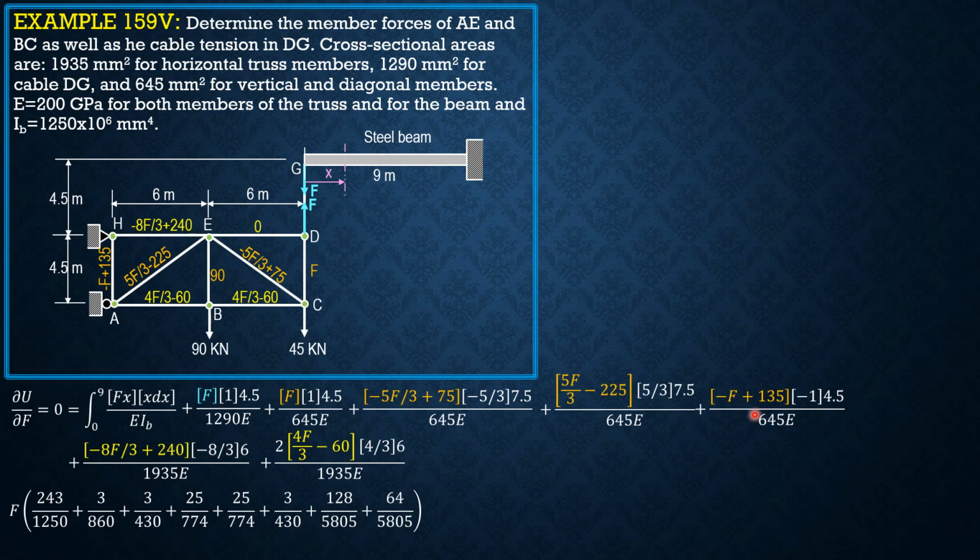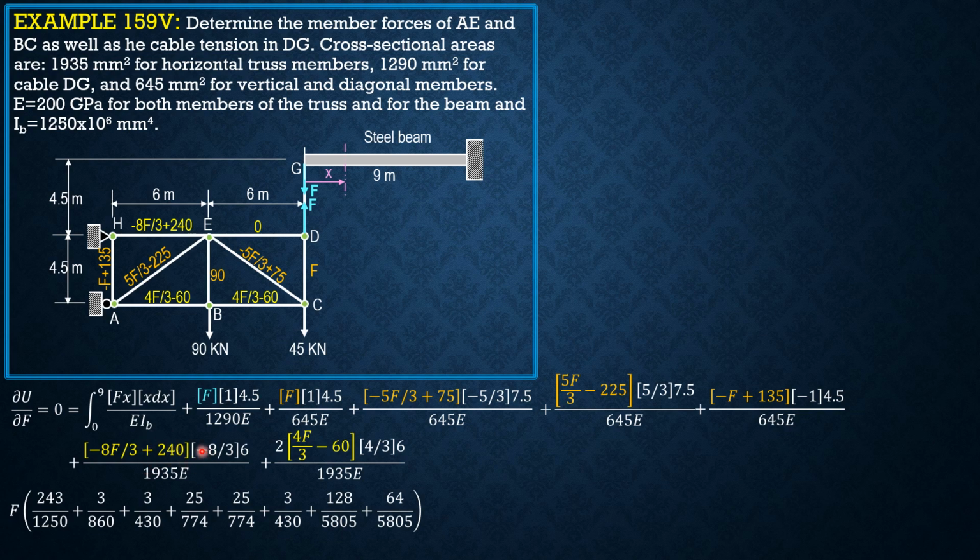This one is 25 over 774. This 5 thirds here. Then for this F here, 4.5 over 645, we have 3 over 430.